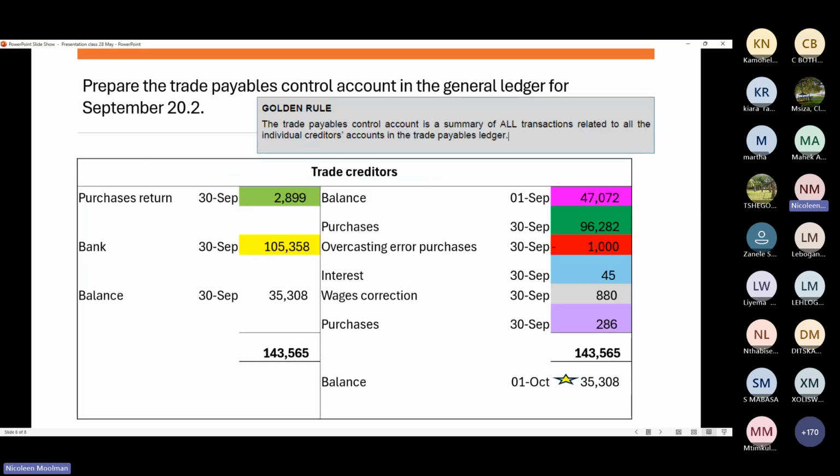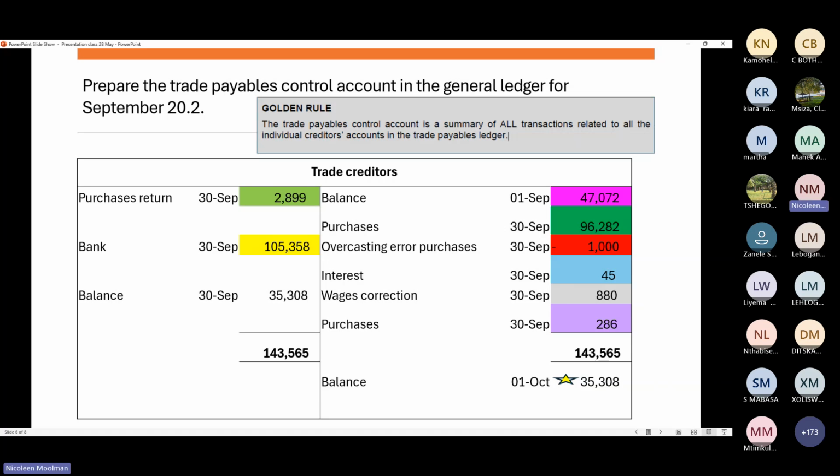Then to get to your total or the balance brought forward, you sum all the credits and you deduct your debits, the 2899, 105358, and then you get your balance brought forward of 35308. So that's your balance on 1 October then for trade creditors.